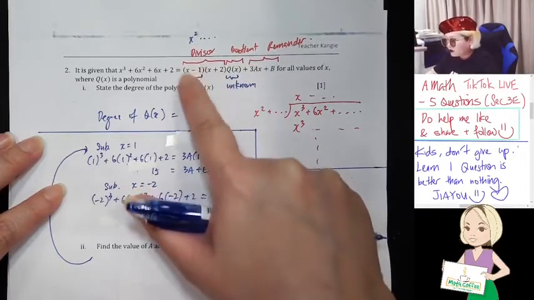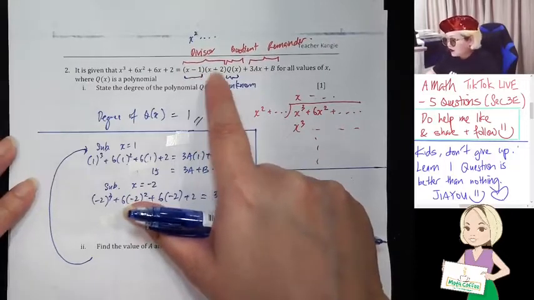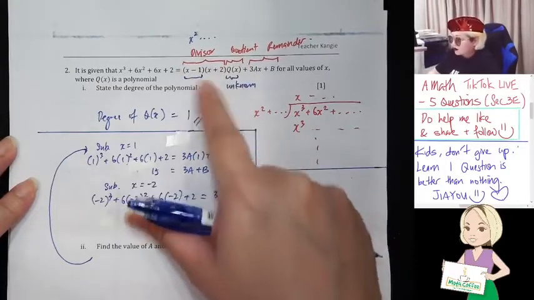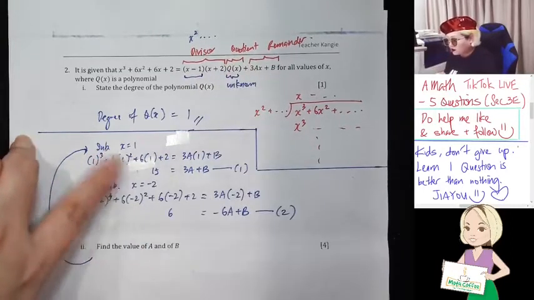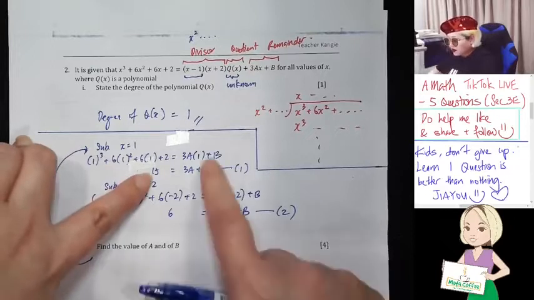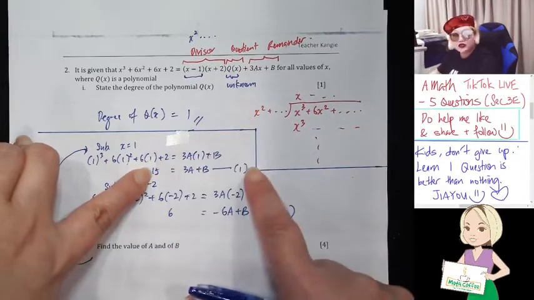When I have one of the brackets becoming 0, it becomes 0 times whatever, and the whole thing becomes 0. That is why my x equals to 1. When I sub in, qx disappears and I form the first equation.